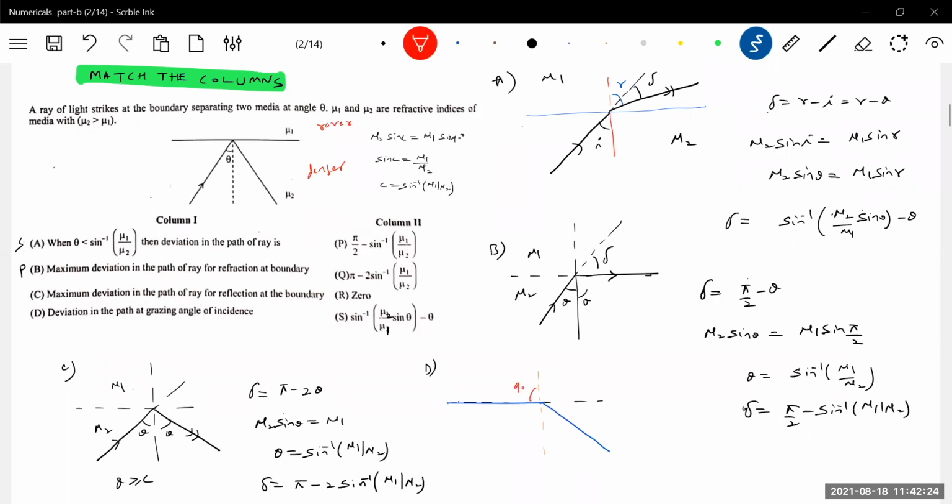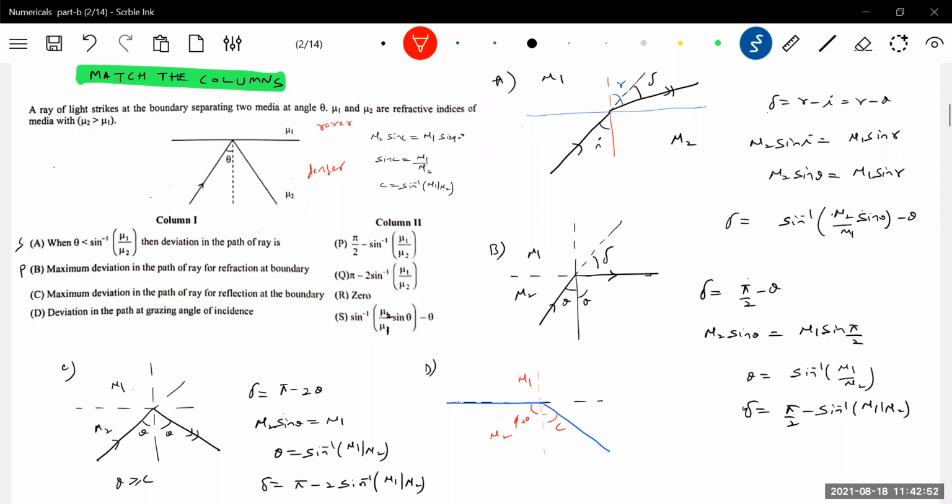This will be 90 degrees, critical angle. Should go on that side, no? Yeah. Sorry, this is 90.